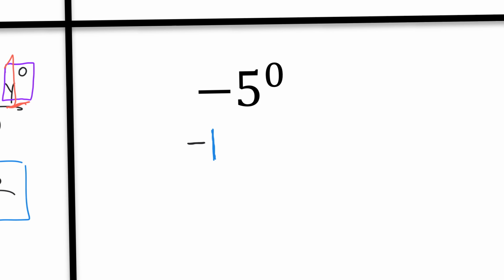So I'm going to put negative 1 times 5 to the 0 power. When you separate that, the negative 1 stays the same, and you multiply by 5 to the 0 power, and that's going to be 1. And when you multiply negative 1 times 1, it's just negative 1.